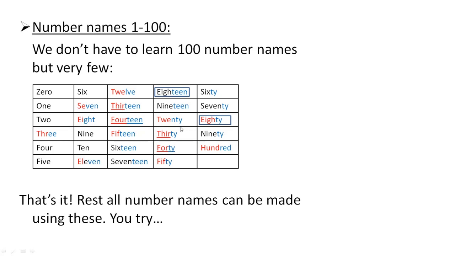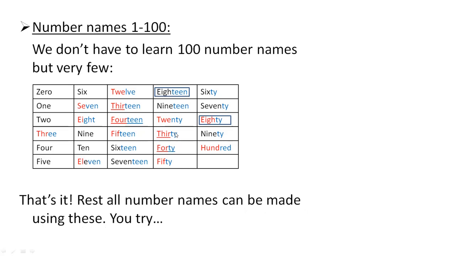Okay, directly 30, 40, 50, 60, 70, 80, 90, and 100. Why? Because 21 and the rest of the other number names can be made using these.